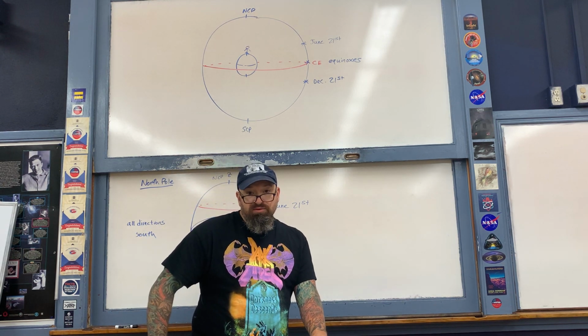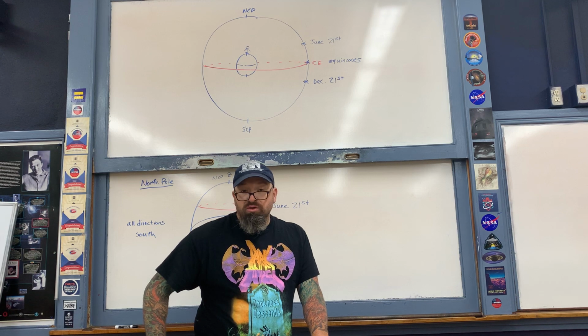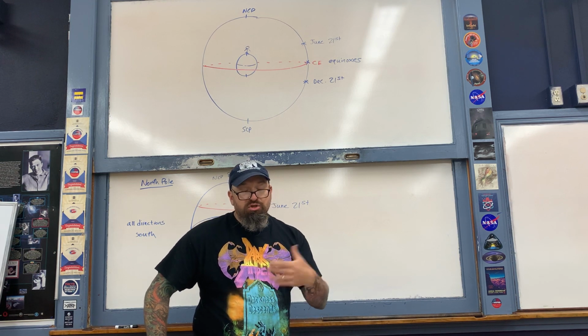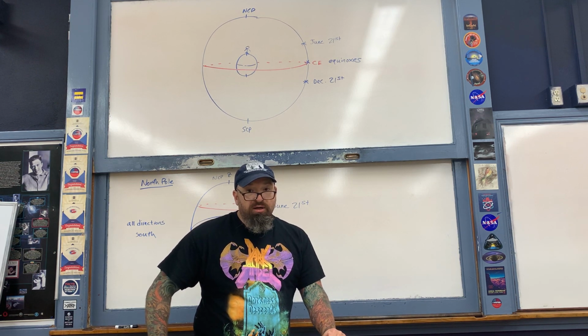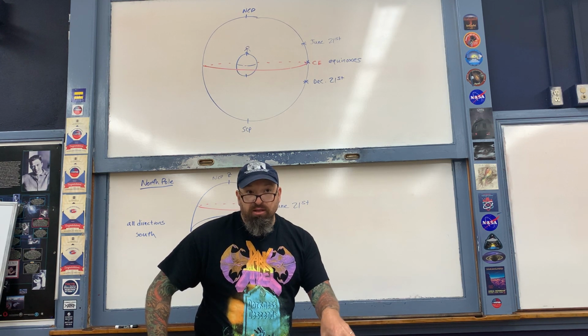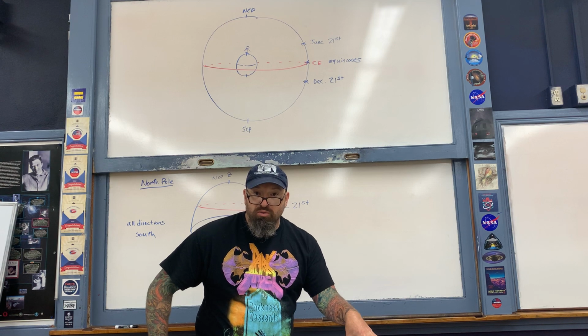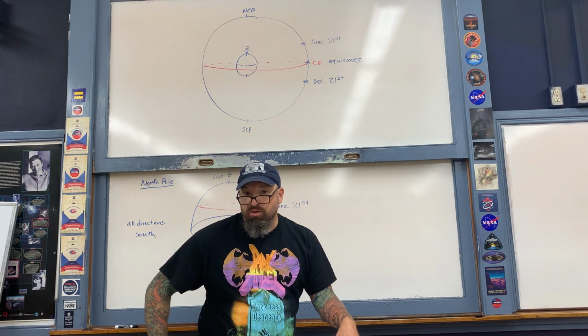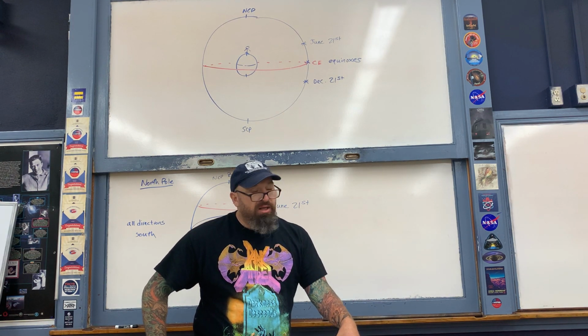So you get 6 months of daylight and 6 months of darkness at the North Pole for this reason. The situation is reversed in the southern hemisphere. If you stand at the South Pole, the sun rises on September 23rd and then eventually sets on March 21st. Once again, the seasons are backwards as seen from the southern hemisphere.